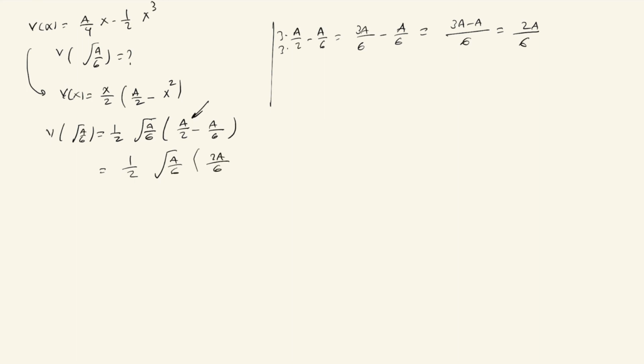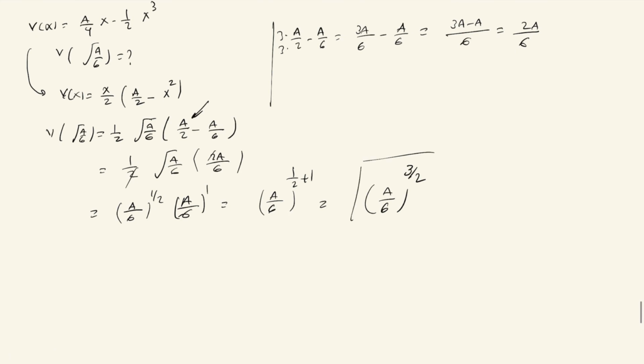Now notice that the 2 on the top can be simplified with the 2 on the bottom. We're left with square root of a over 6, and then I'm gonna transfer the square root to the power of half. Now notice the second term is the power of 1. So now we have the same base, so I'm gonna add the powers. That is the value at x equal to square root of a over 6.